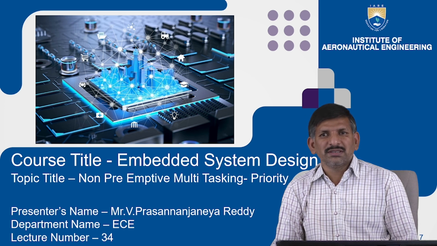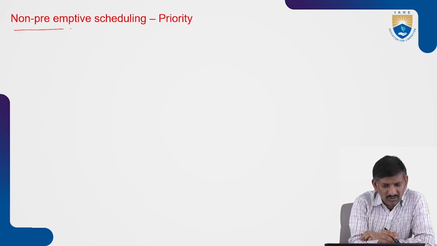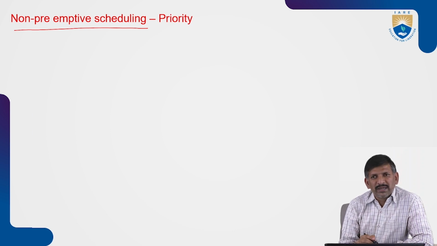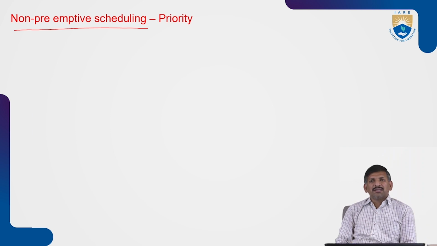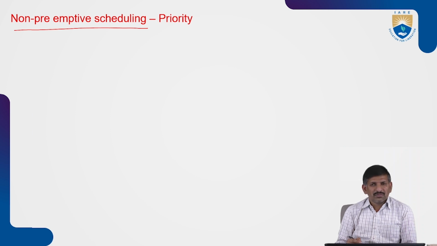Which process is scheduled for execution? In non-preemptive scheduling, once the currently executing task completes, only then is a new process in the ready state scheduled for execution by the scheduler.